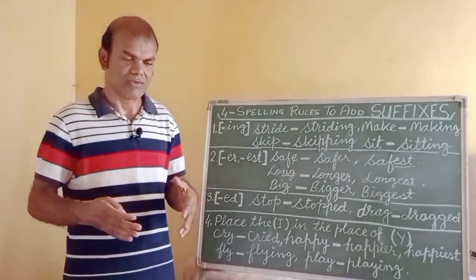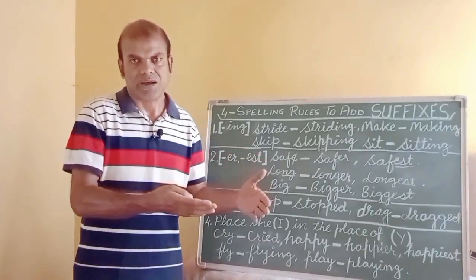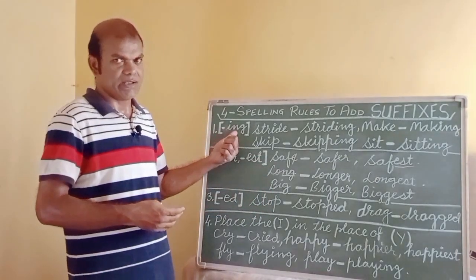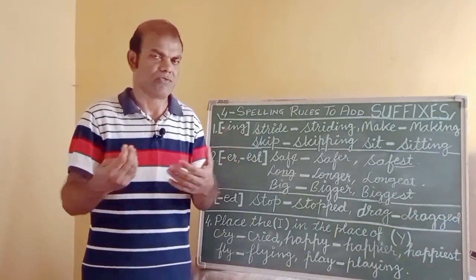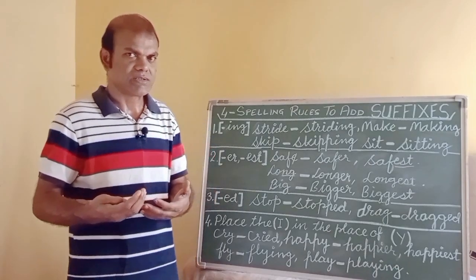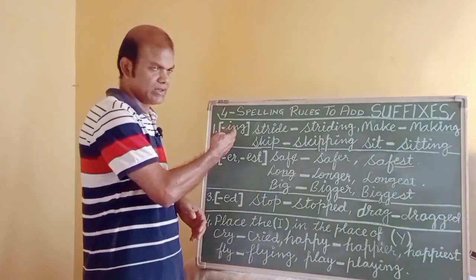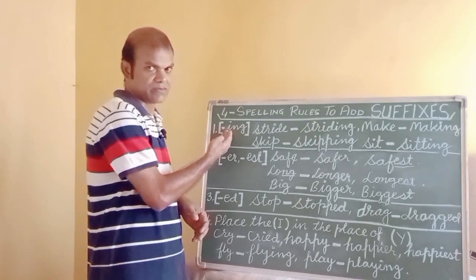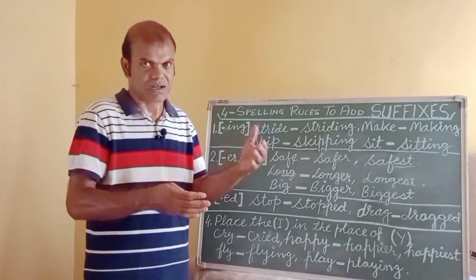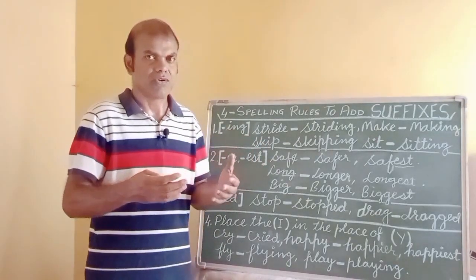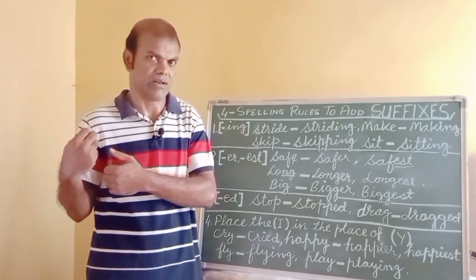Now in some cases you'll see some words ending with Y and you can add ing. There is no rule to remove the Y. Now why is it like this? Because this ing starts with an I. If a suffix starts with an I, you are not going to remove the Y from that main word.